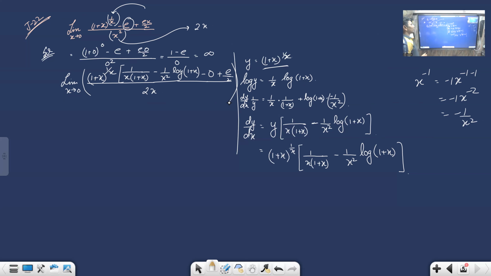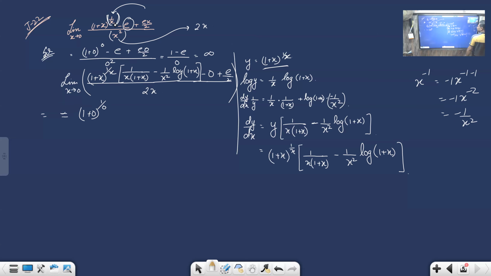Look at this, sir. I have differentiated the numerator. Let's put 0. If I put 0, it is 1 plus 0, to the power 1 by 0. This will always make the function infinity, sir. Problem is, sir, this is a known question for me. This has to be power of x, not 1 by x.